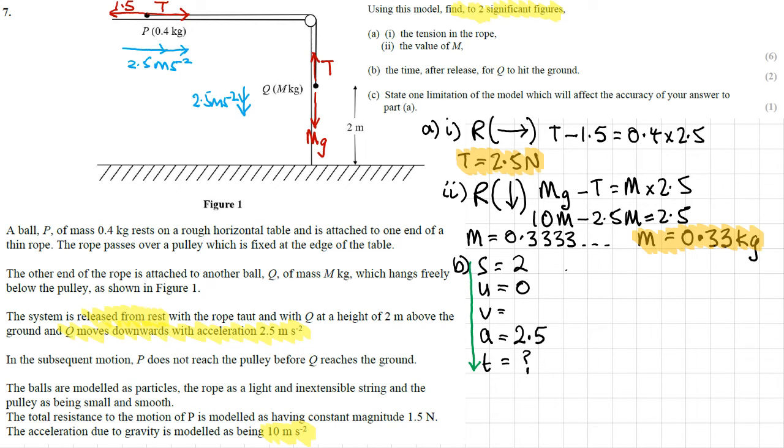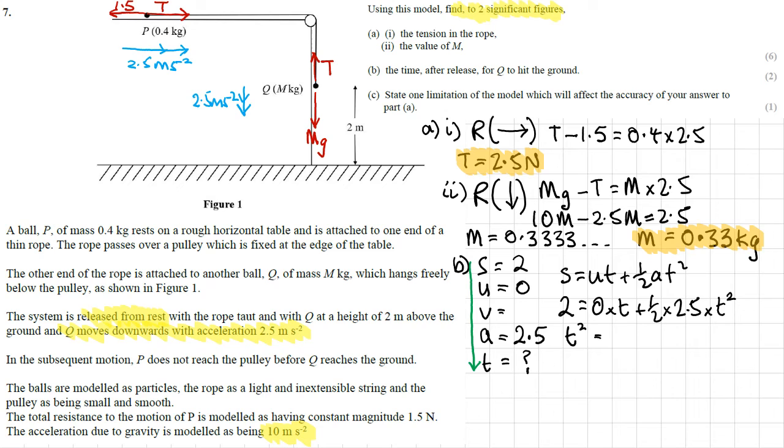So that's going to be S is equal to UT plus half AT squared. So 2 is equal to 0 times T, 0T, plus half times 2.5 times T squared. If we rearrange this to solve for T, I'd get T squared first of all. That's going to be 2 divided by 1.25.